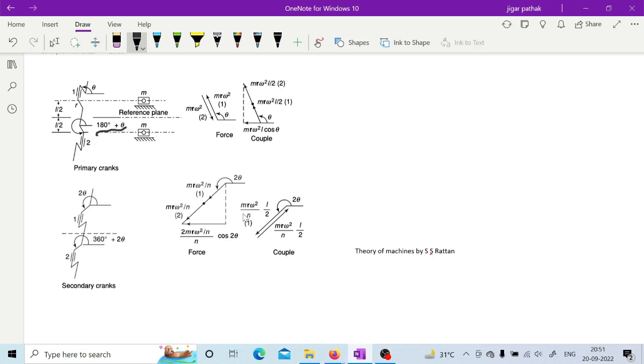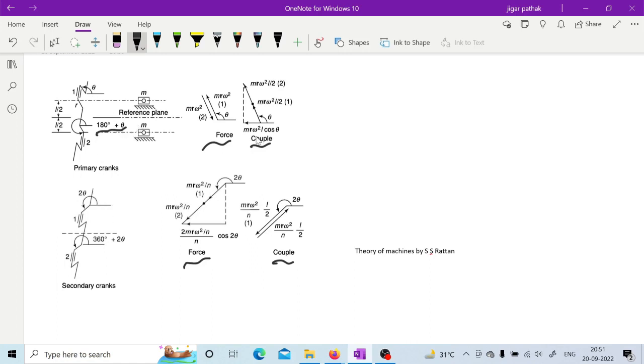Here is the primary force and couple polygon, and here the secondary force and couple polygon. The secondary cranks are at angle 2 theta, and the primary cranks are at angle theta.